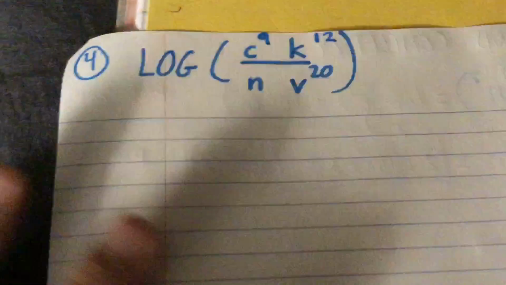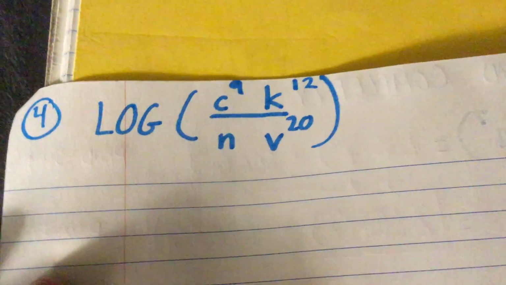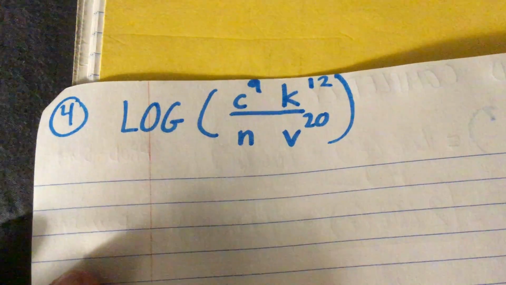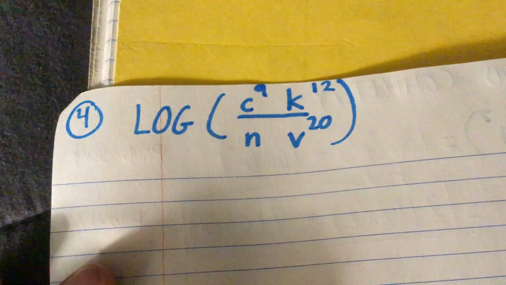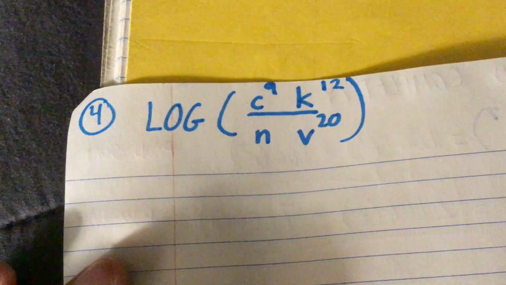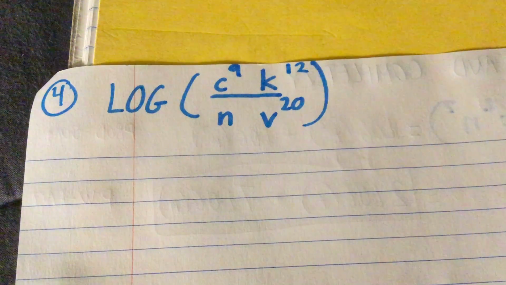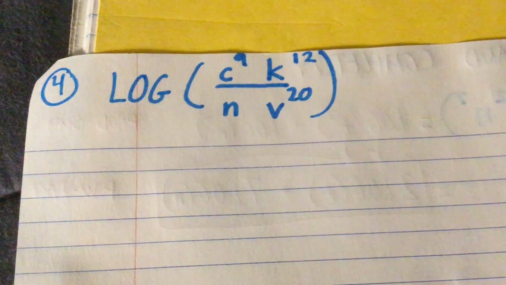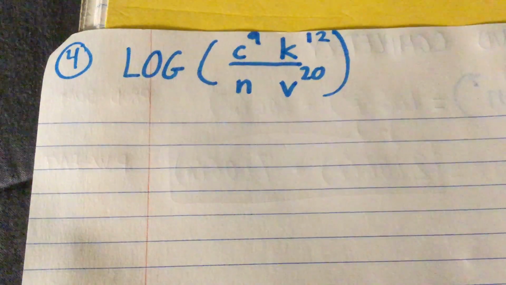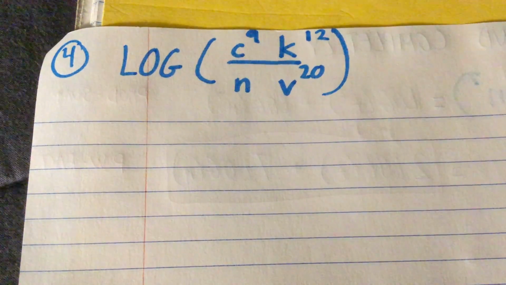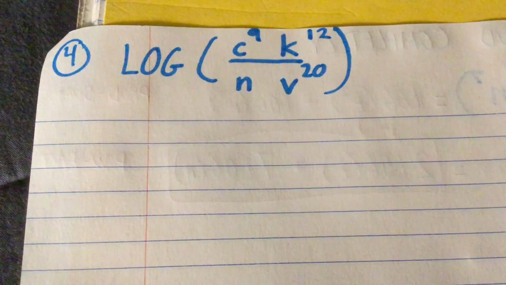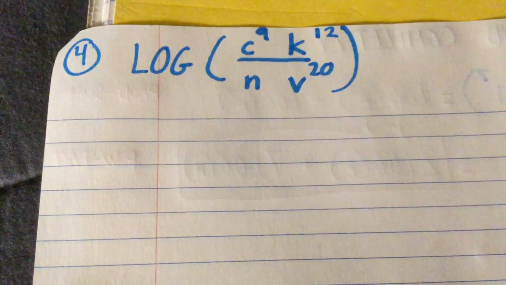Okay, let's take a look at number 4 now. Log of c to the 9th, k to the 12th, over n, v to the 20th. Analyze the situation before we attack it. Okay, take a deep breath. The numerator can be separated with positives, and the denominator can be separated with negatives.